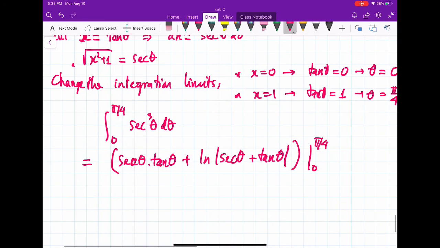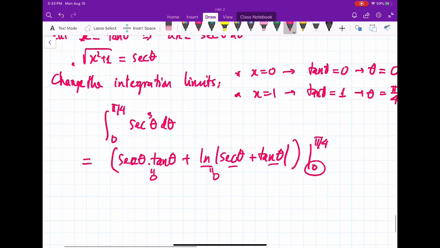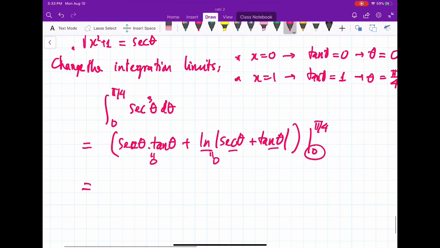Again, you plug pi over 4 and 0 into the function. At 0, the function is 0 again, because tangent is 0, secant is 1, so this part is 0, this is also 0. So we don't need to care about 0. We just need to plug in pi over 4, right?